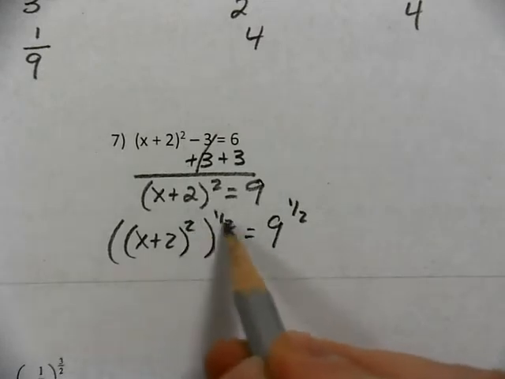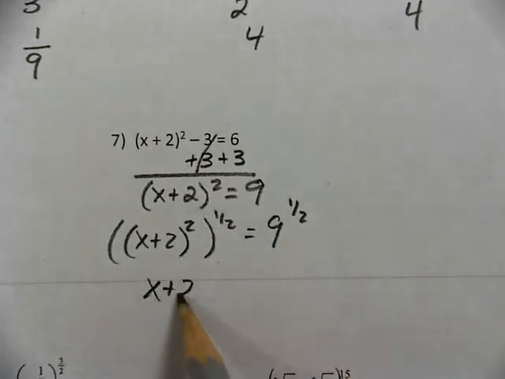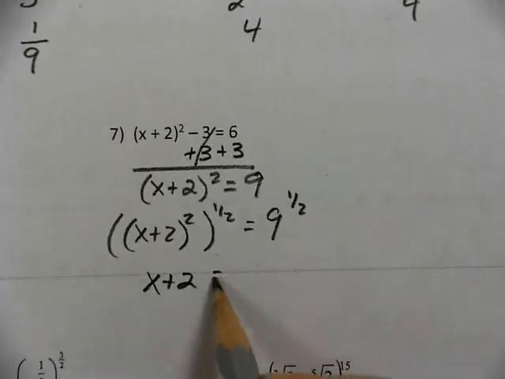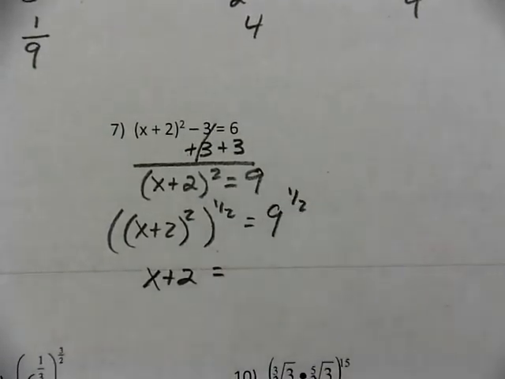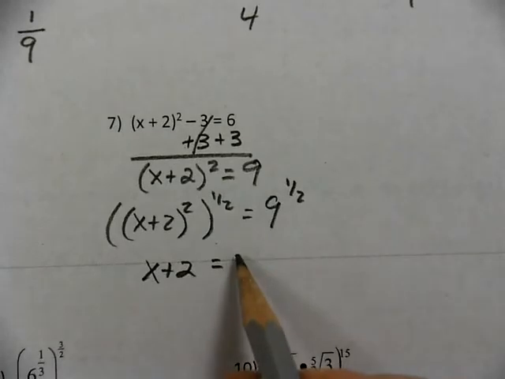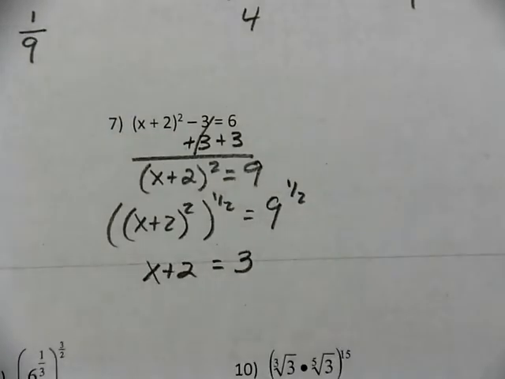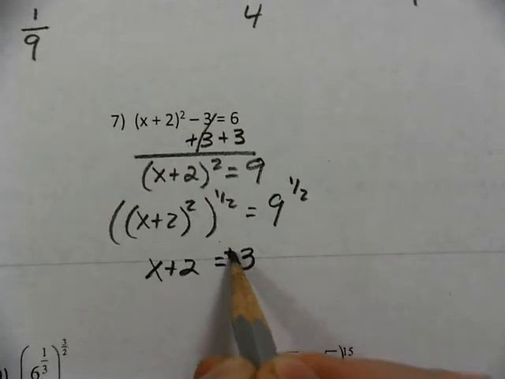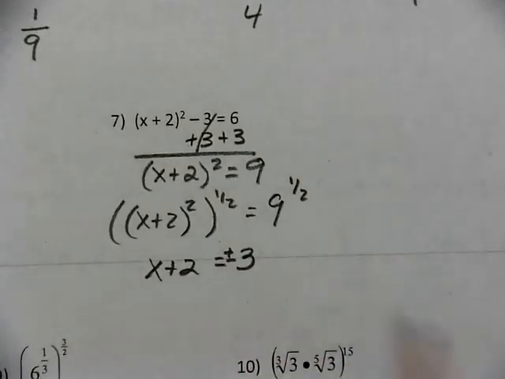So 2 times 1/2 is 1. So you have x plus 2 to the first power. No need to write that. And the half stands for the square root. So we have 3. Now, because we essentially did the half to both sides, we have to do plus or minus 3.